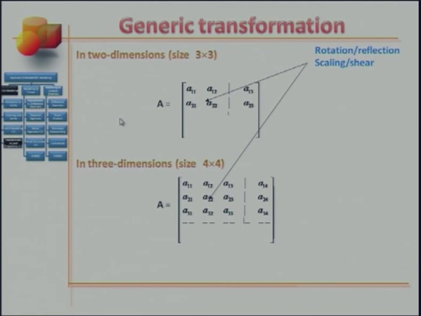The top right sub-matrix in case of two-dimensional transformations is of size 2 by 1. In case of 3 dimensions, this top right submatrix is of size 3 by 1. We have seen before in case of 2 dimensions that these 2 elements represent translation along the x coordinate and along the y coordinate respectively.